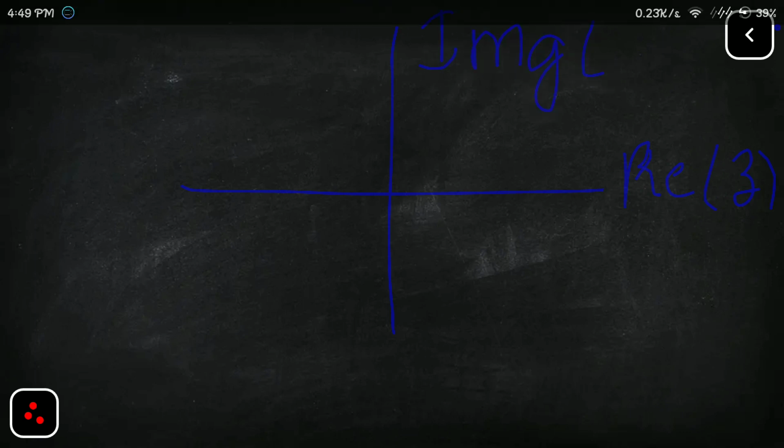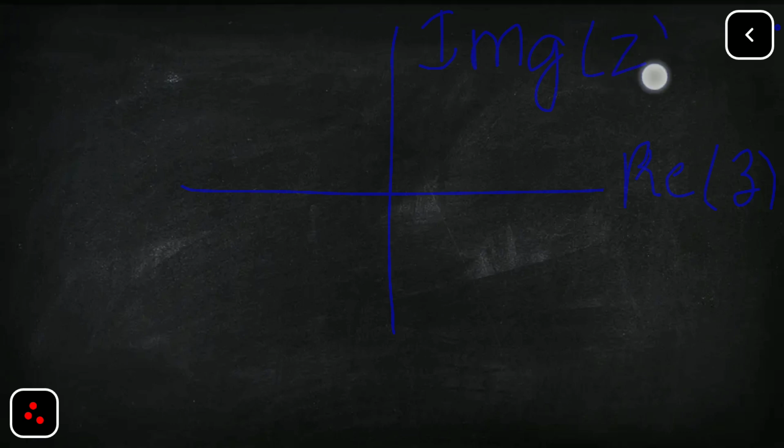Inside this there is a circle, right? You need to draw a circle. That is what it is telling, that your ROC consists of a circle, or I can say a ring in the z plane, centered about the origin. So this circle is centered about the origin. So this is your first point, right? You got it right?